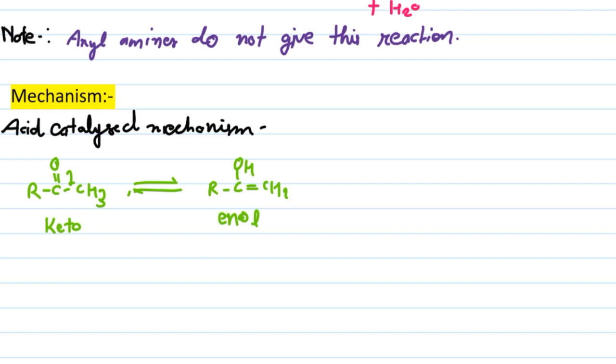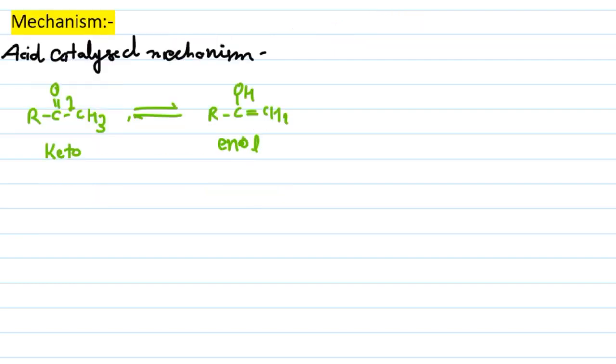And now we have formaldehyde, H C double bond O H, which reacts with the amine, that is R2NH.